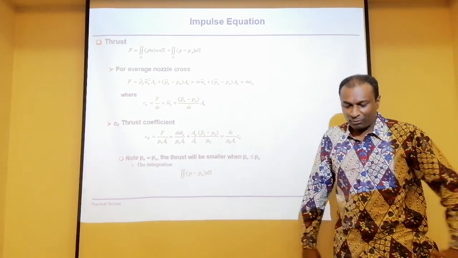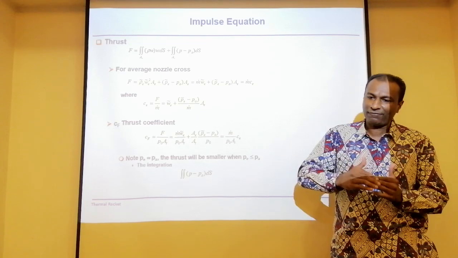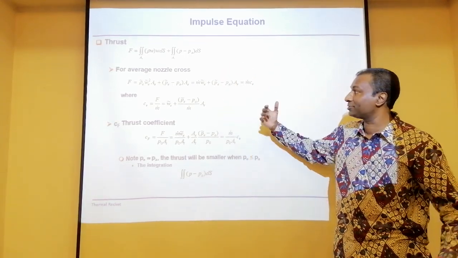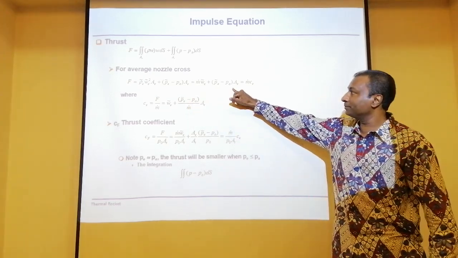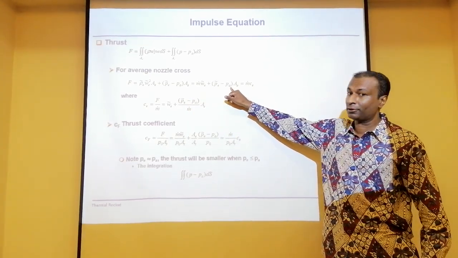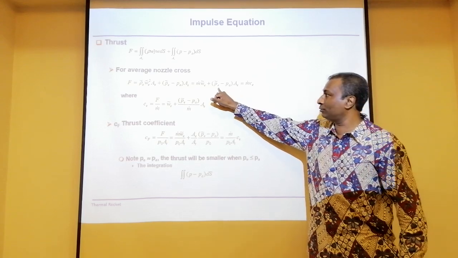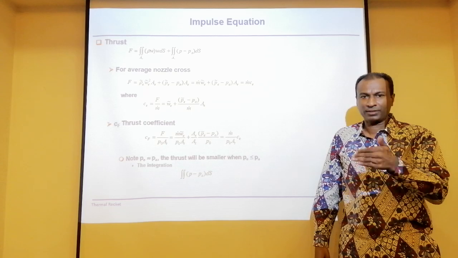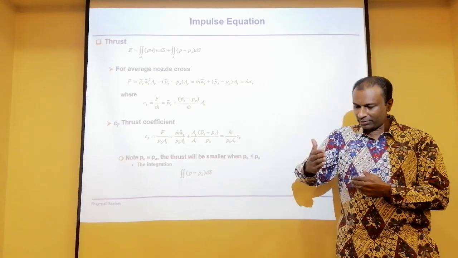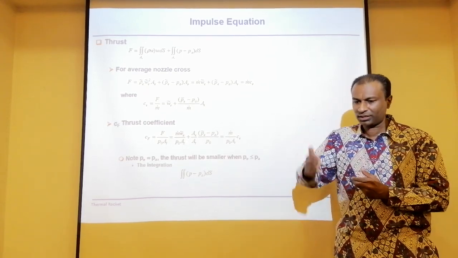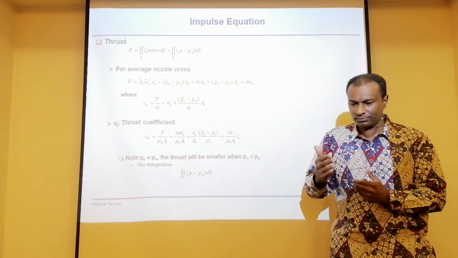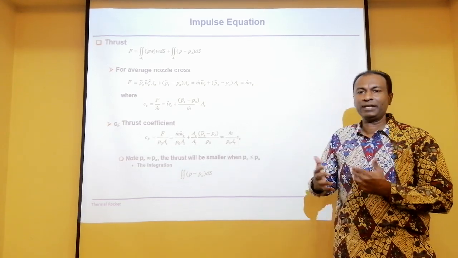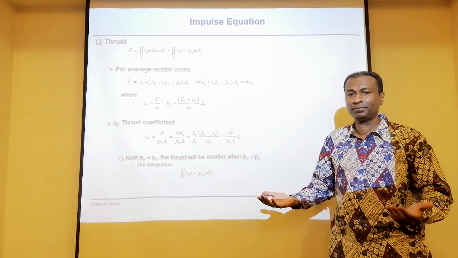Okay. Now, atmospheric pressure also changes as the flight progresses. So therefore, you can imagine this is not constant throughout the flight. Although you can produce a constant exit pressure at PE, that means at the nozzle you can produce a constant exit pressure, let's say, the delta will vary depending on the atmospheric pressure.